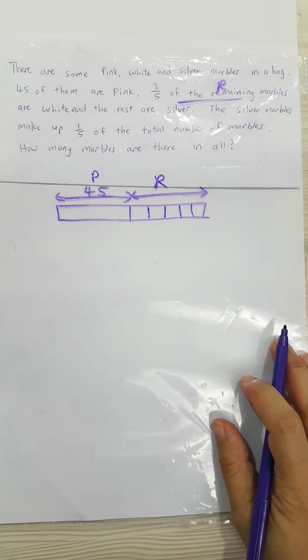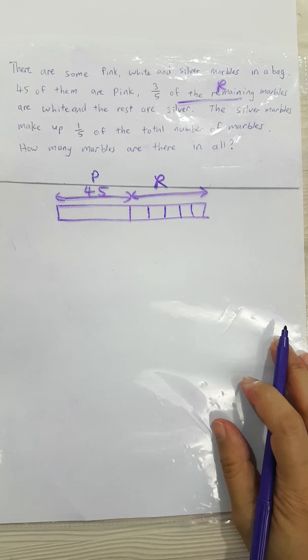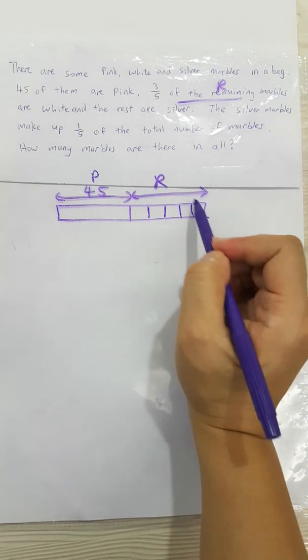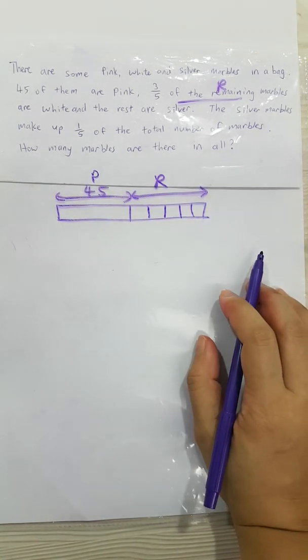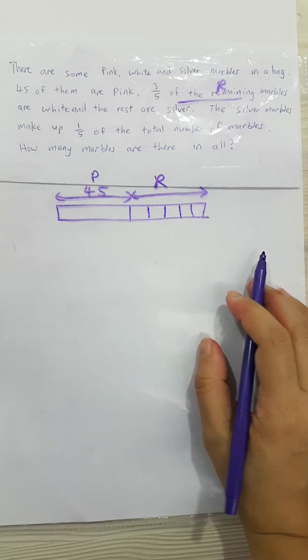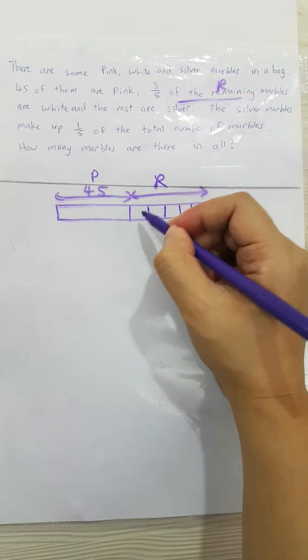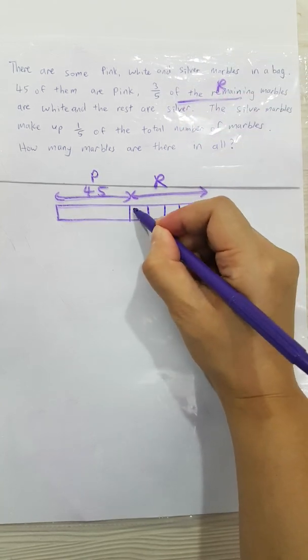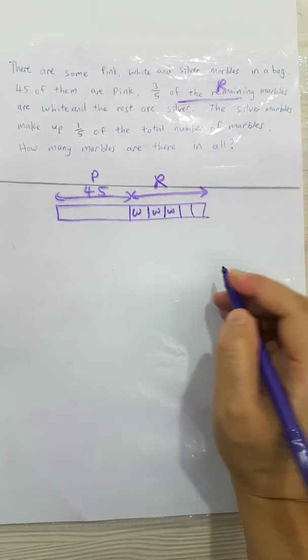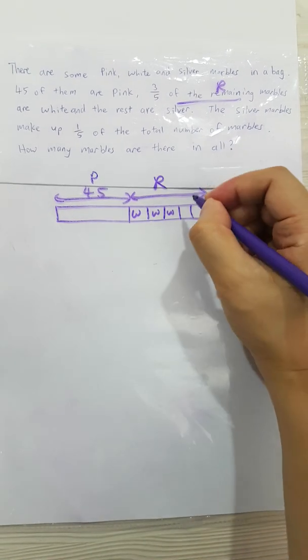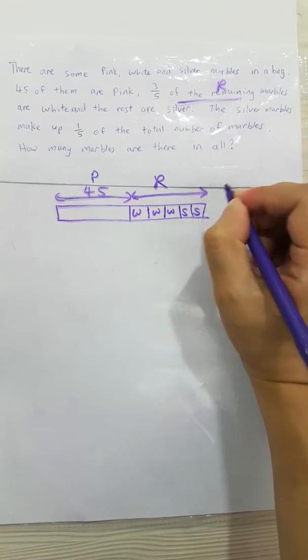They said 3/5 of the remaining marbles, which means it's your remaining marbles that you have to cut into 5 parts. And then out of these 5 parts, 3 of them are white. So 1, 2, 3. White, white, white. Okay, and the rest will be silver. So this will be red, silver, silver.